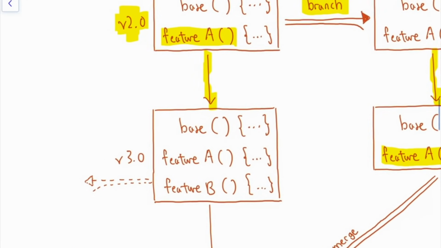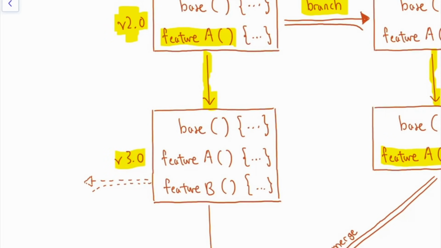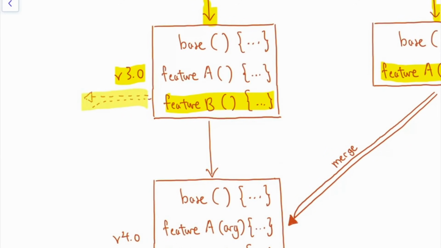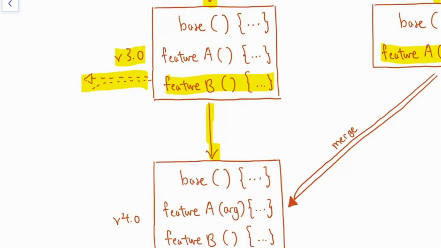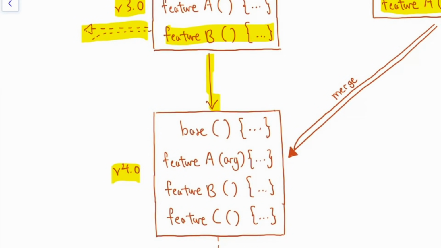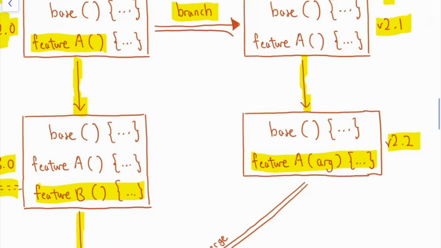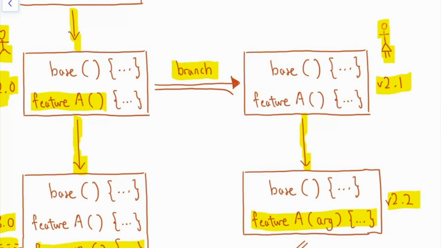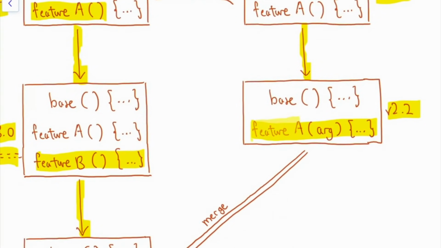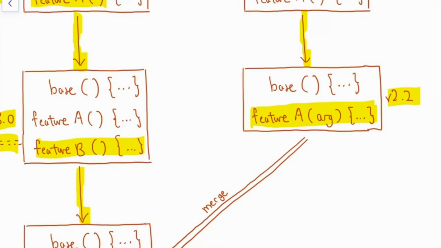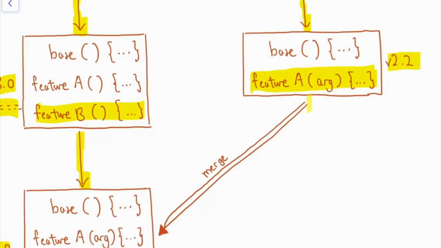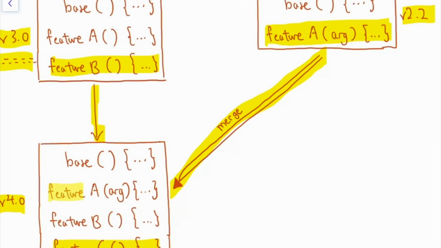Whereas in your case, you continue working on new features. You go on to add feature B in version 3.0. Maybe some other guy would branch off and investigate better ways to do feature B, but you continue and eventually reach version 4 with feature C. And at this point, before you reach version 4, your teammate has actually finished an optimal version of feature A. So she will initiate a merge, which will merge her changes here.